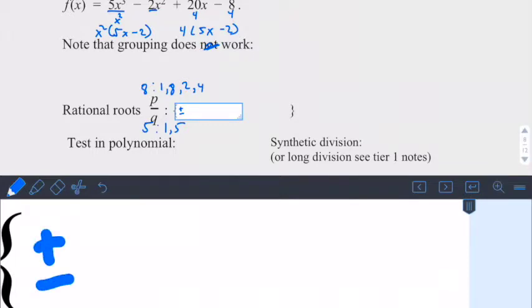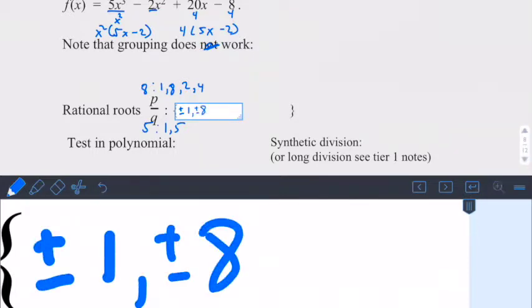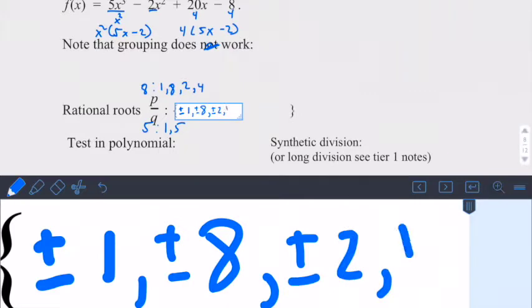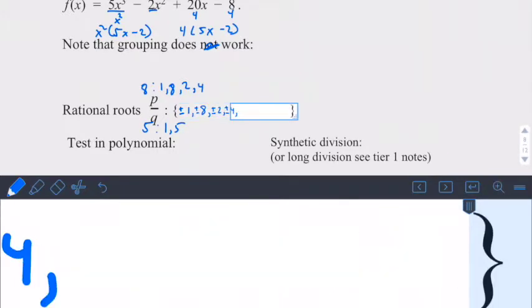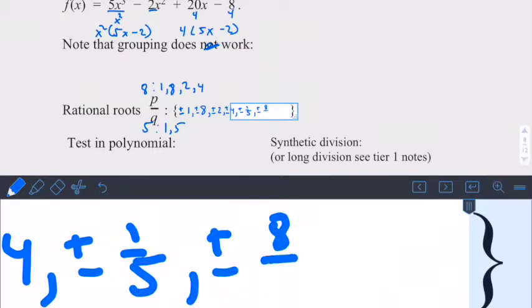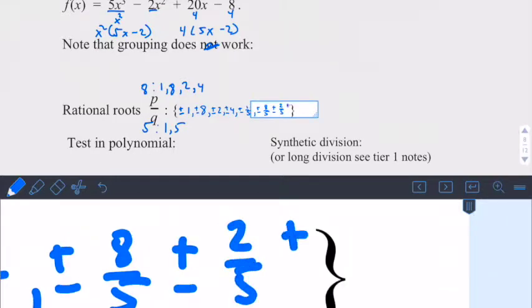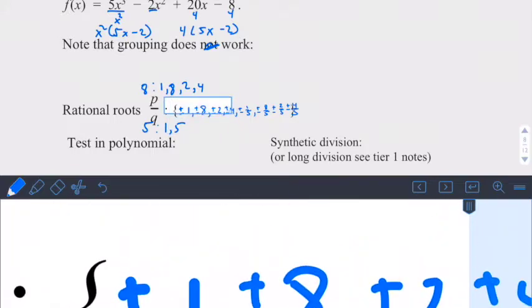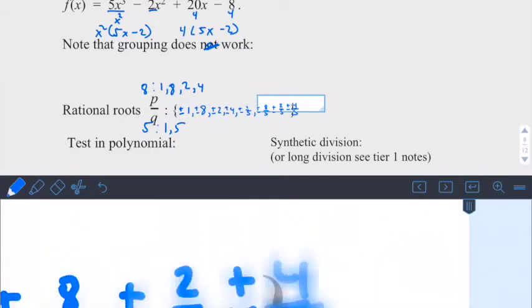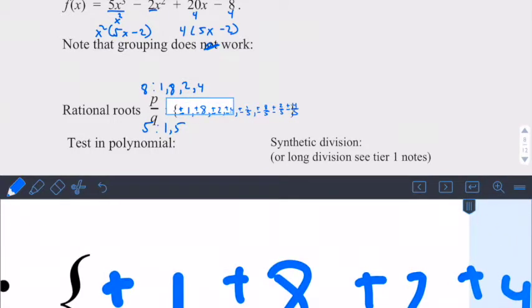So plus or minus 1, plus and minus 8, plus and minus 2, plus and minus 4, and then all of those over 5, plus and minus 1/5, plus and minus 8/5, plus and minus 2/5, and plus and minus 4/5, right? I took all of those divided by 5. So this is 16 different possibilities.